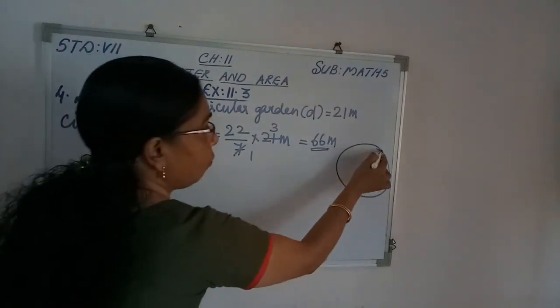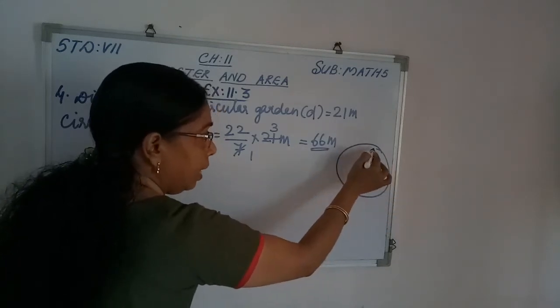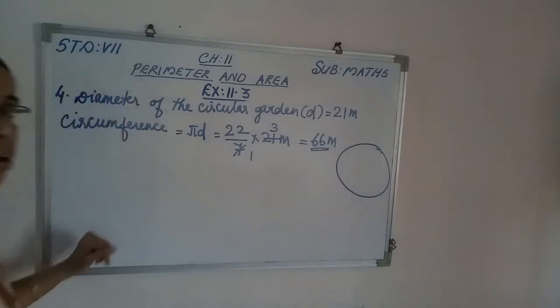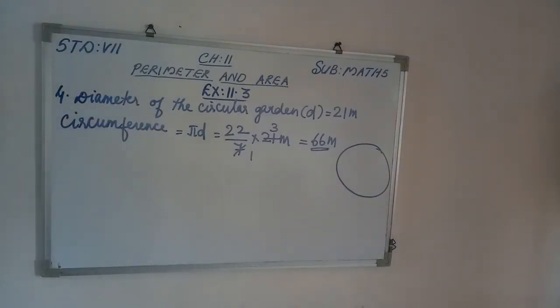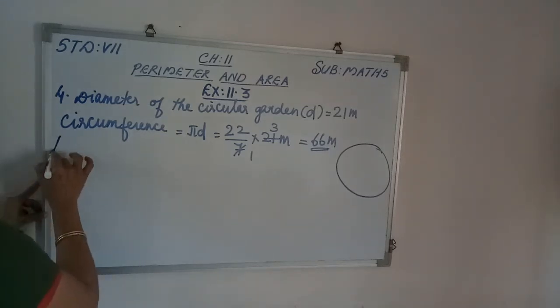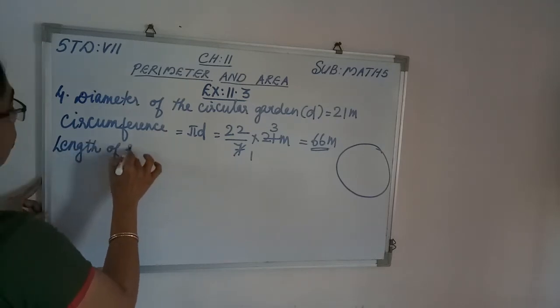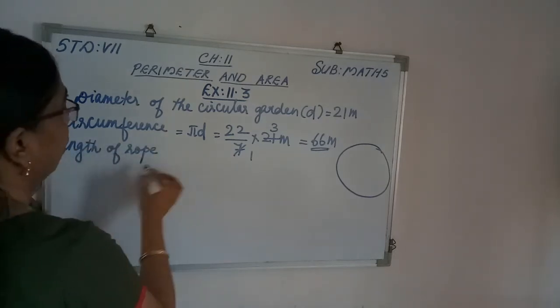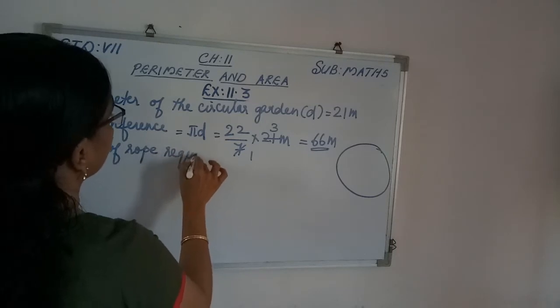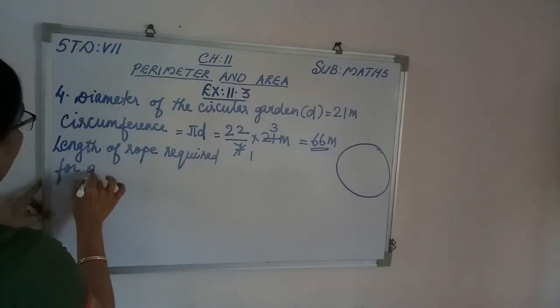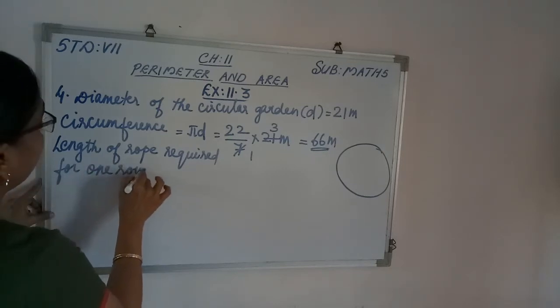That is, for one round of fencing, the length of the rope required will be equal to the circumference of the circular garden. So we can write length of rope required for one round of fence.